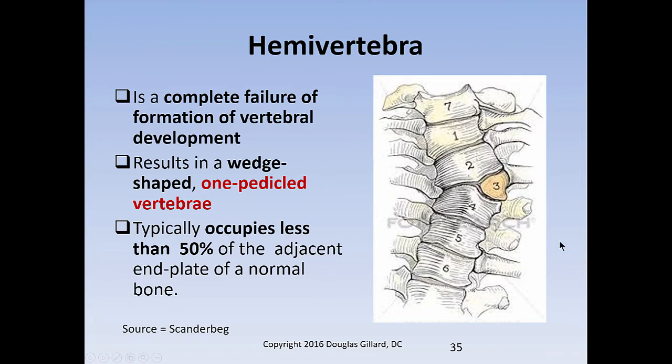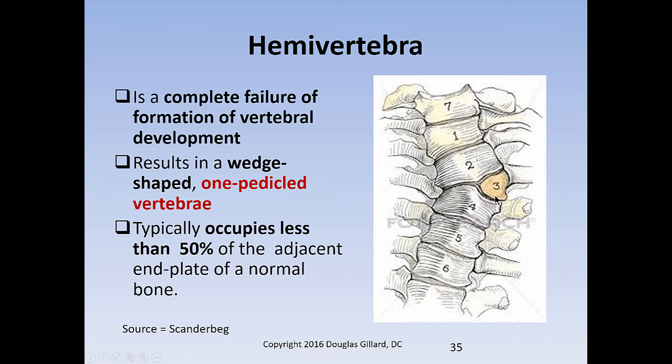There's a really nice picture of a run-of-the-mill hemivertebra. So again, it's a complete failure of formation, results in a wedge shape, one-eyed pedicle. Should have drawn a little eye on him there. And typically occupies less than 50% of the adjacent end plate. And now let's go further. I said we can classify hemivertebrae.